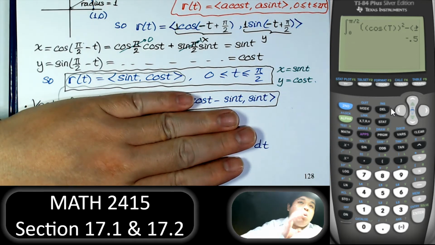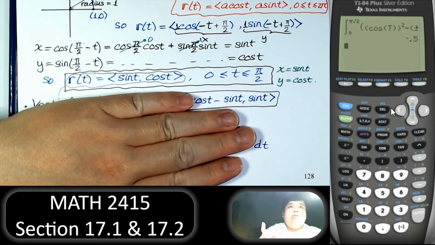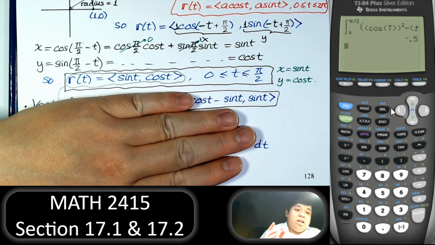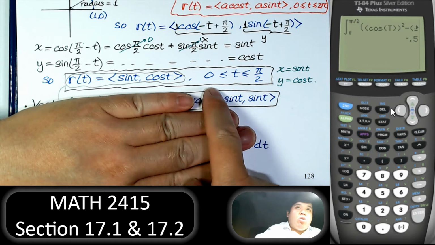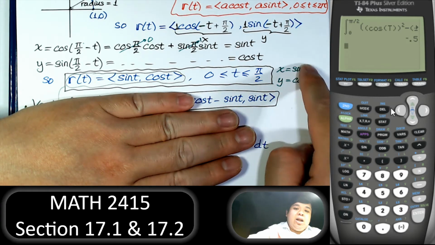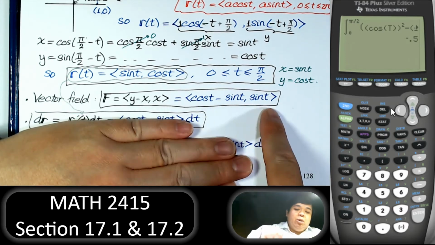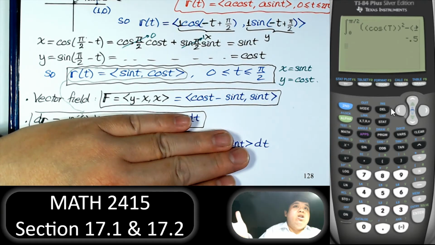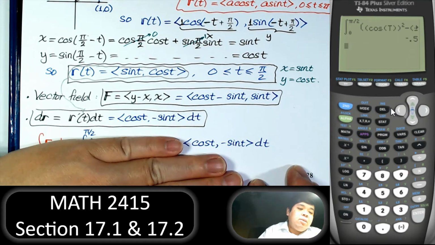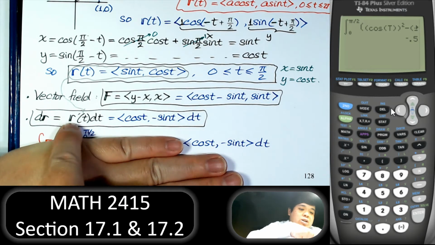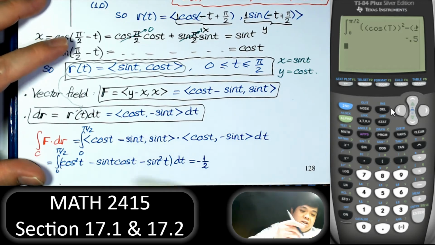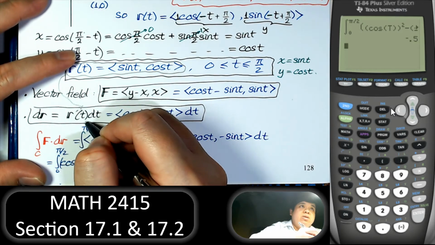So the first step is always the case, whether we do the scalar version or the vector form of the line integral. We need to know the parameterization, what x and y are in terms of t. Then we can write the vector field in terms of t, or a function in terms of t if it is the scalar version. And then either we take the derivative, or for the scalar version, we take the magnitude.